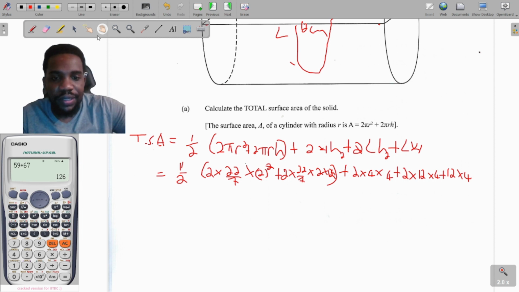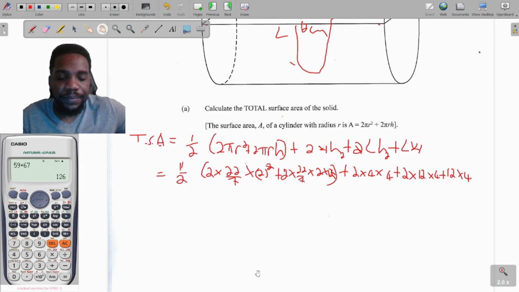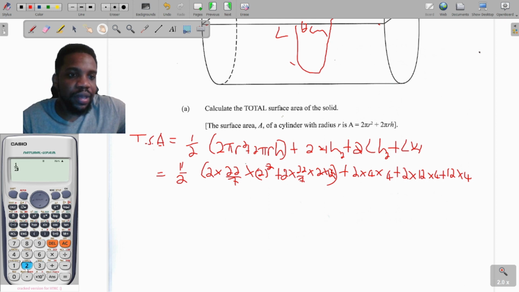Alright, so let's allow the calculator to do some work for us. Let's clear this up. We're going to take care of the cylinder first. So we're going to have a half, and we're keeping that outside of the bracket. Inside, we're going to have 2 times 22 over 7 multiplied by 2 squared.